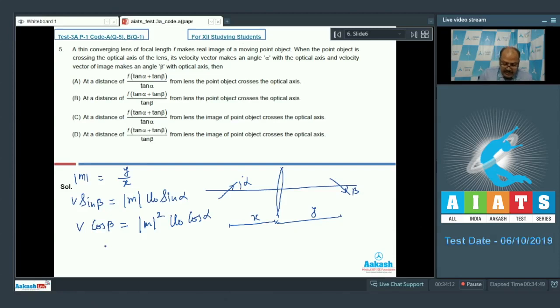Well, these two equations give us tan beta is equal to tan alpha by mod m, which is equal to tan alpha divided by y by x.